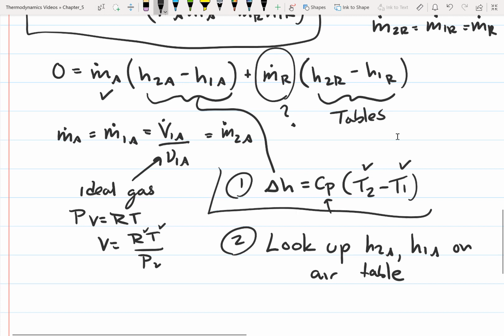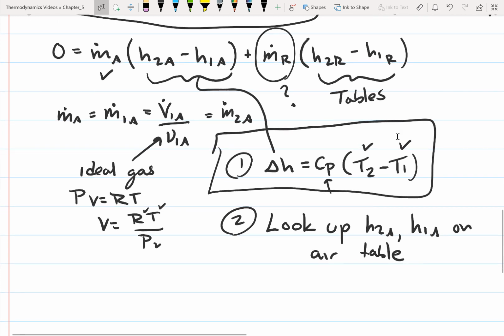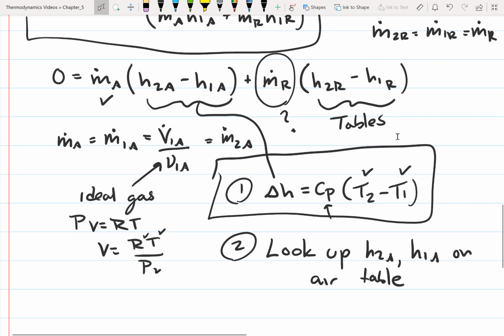I'm going to use the specific heat, but just so you know, you could also look up those values on the air table and you would get the same answer basically. And if you want to verify that, you can solve it both ways and just verify that you get the same answer both ways. Alright, so it looks like we basically know what we're doing to solve this.